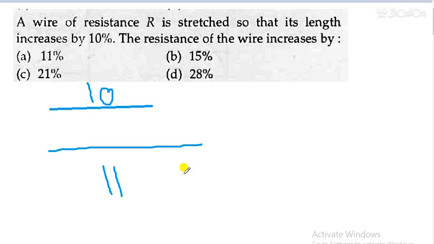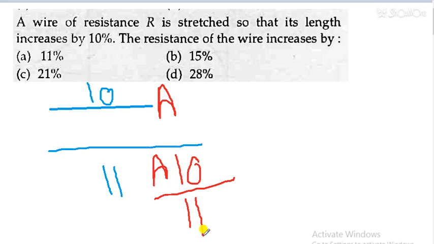So here we will get this as a length, and now I have to write area. So let's suppose area is A. In this case area will be 10A by 11, so that our volume remains 10A. So this is the value of area.